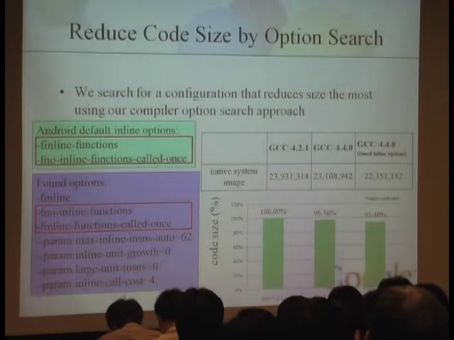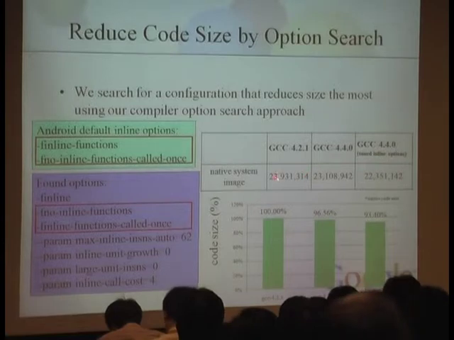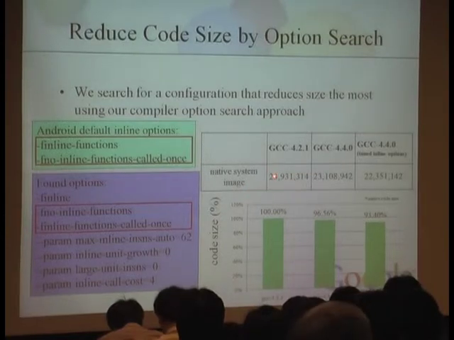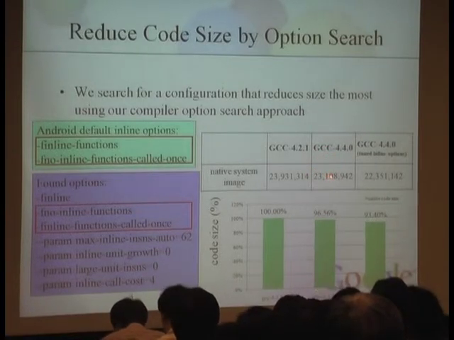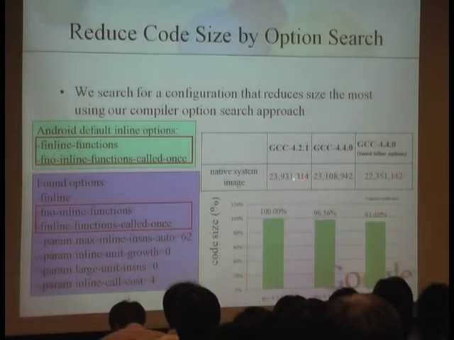So in this case, for example, the native system image parts, all the system libraries, originally is about 23.9 megabytes, and then by using the newest Toolchain, we can get 23 megabytes, about 800 kilobytes savings.